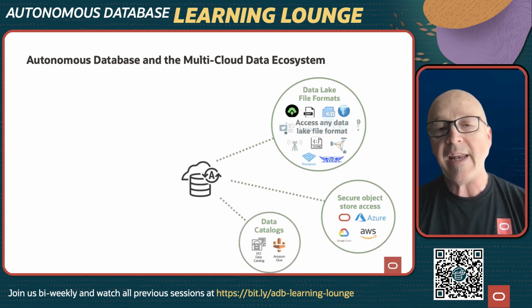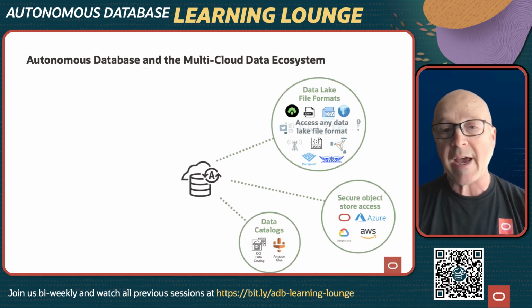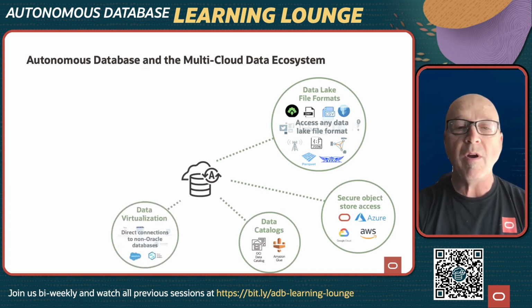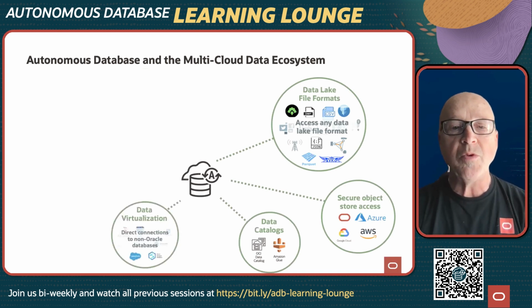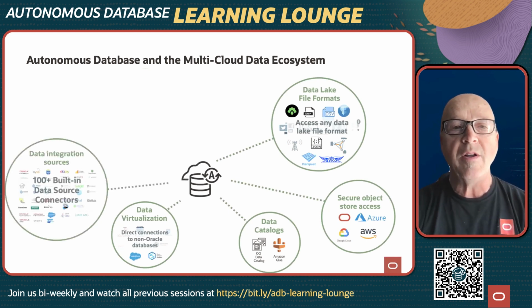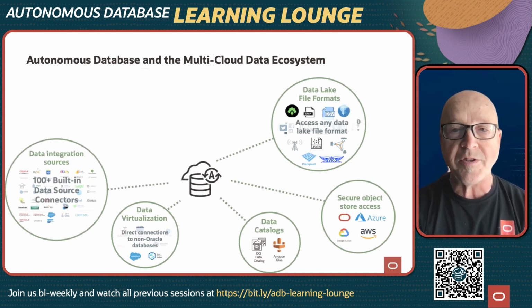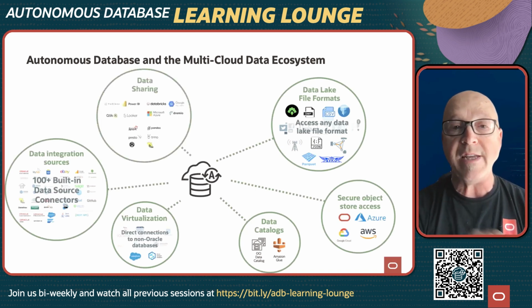We're integrating with data catalogs from multiple cloud providers so that you could use your catalog of preference. We're integrating with data visualization tools in all of these other cloud providers as well. We have native built-in tools that allow us to integrate with lots of different kinds of data sources, and I'm going to talk about that in a little bit more detail.